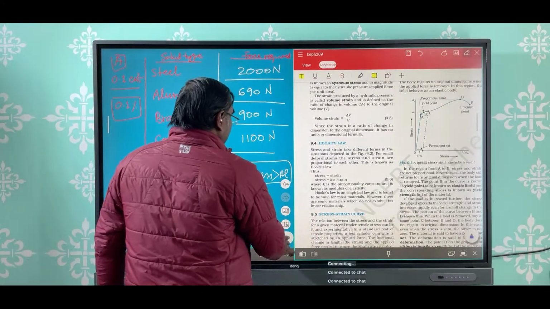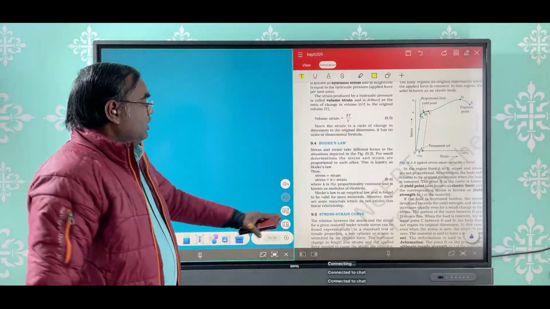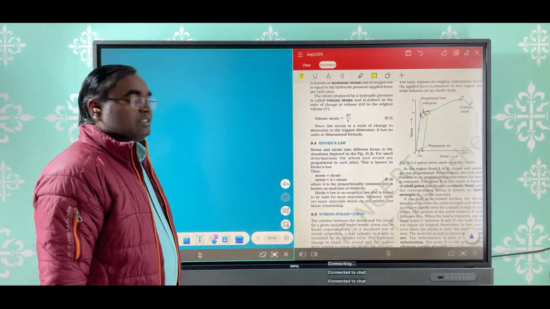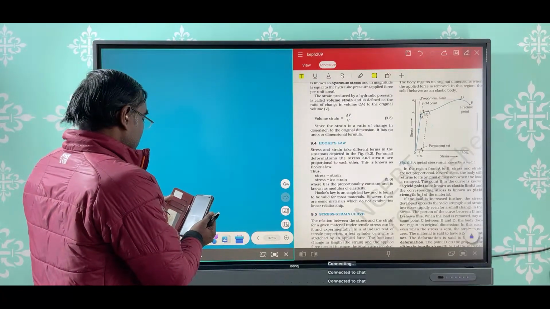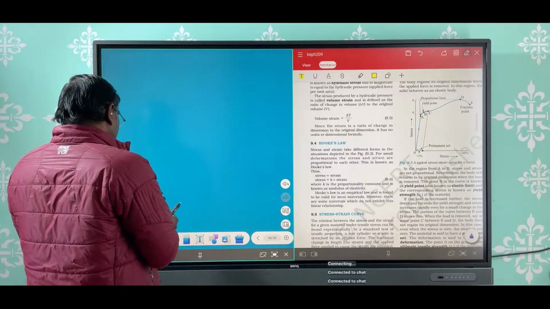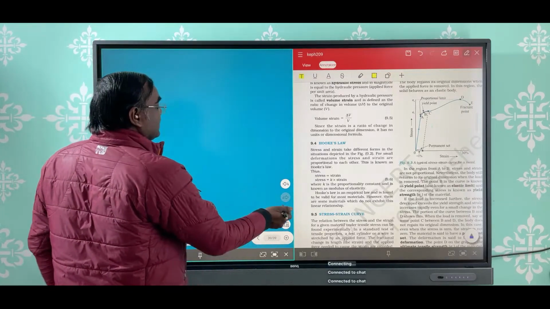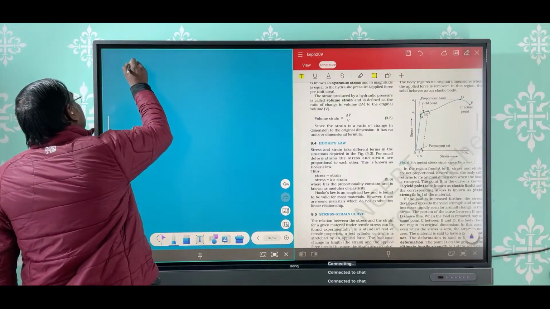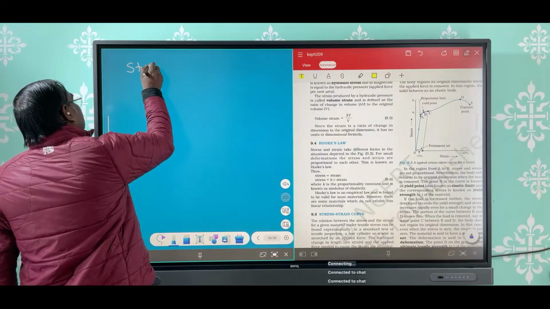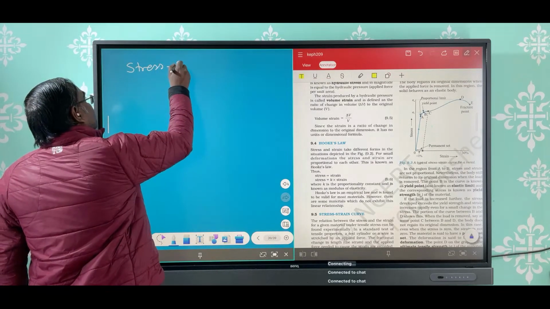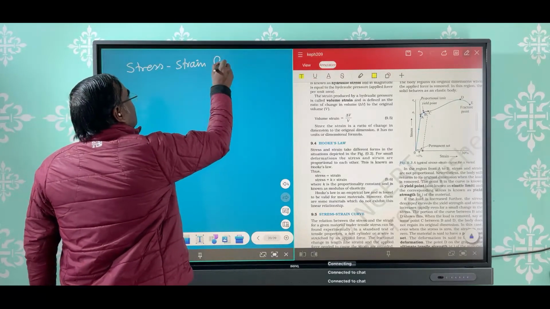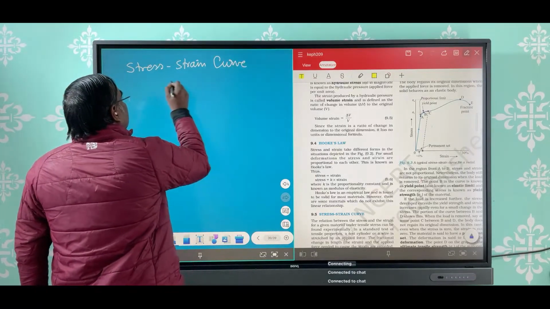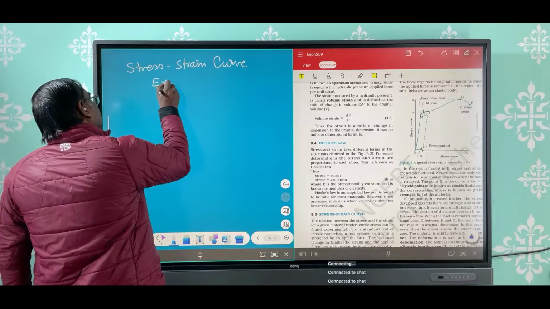So let's discuss the stress strain curve explanation. How much time are we left with? Okay, we have time. Stress strain curve explanation.